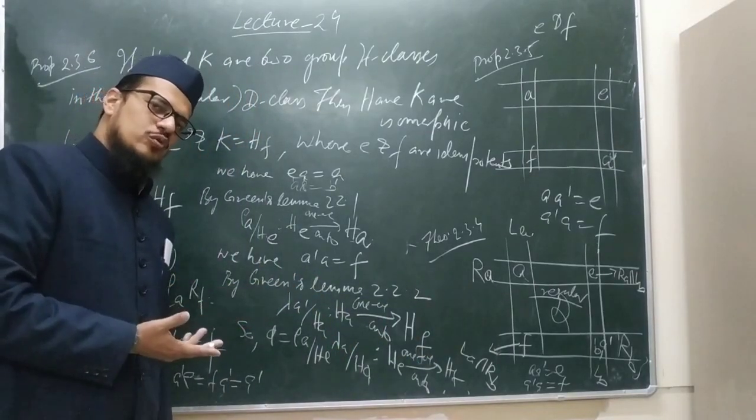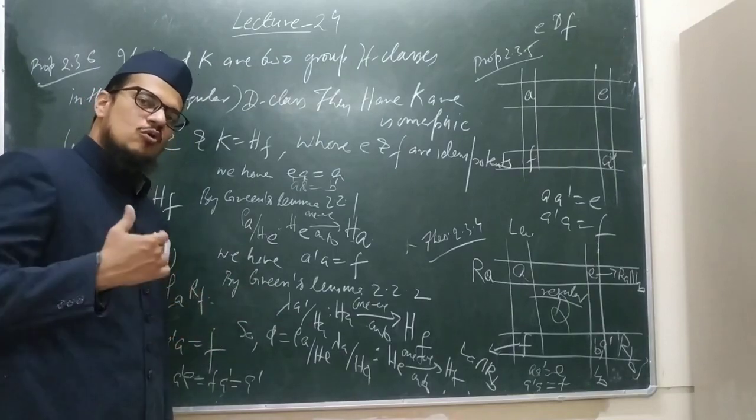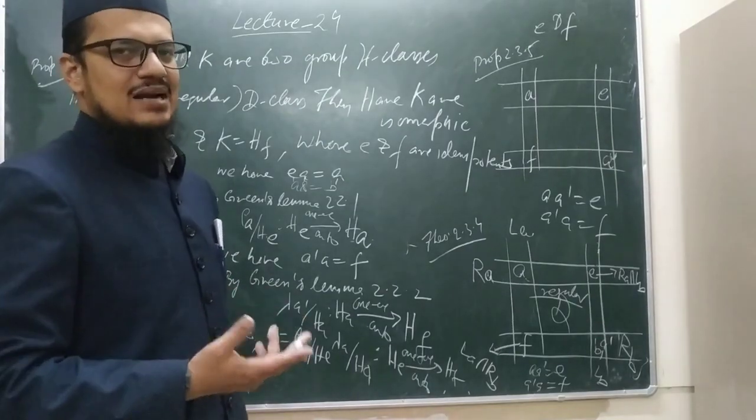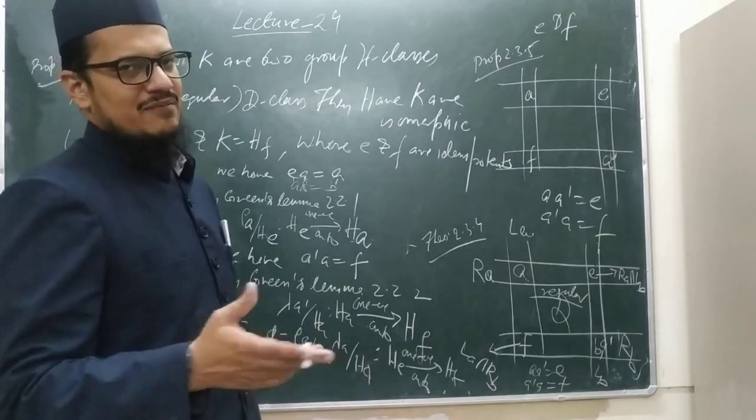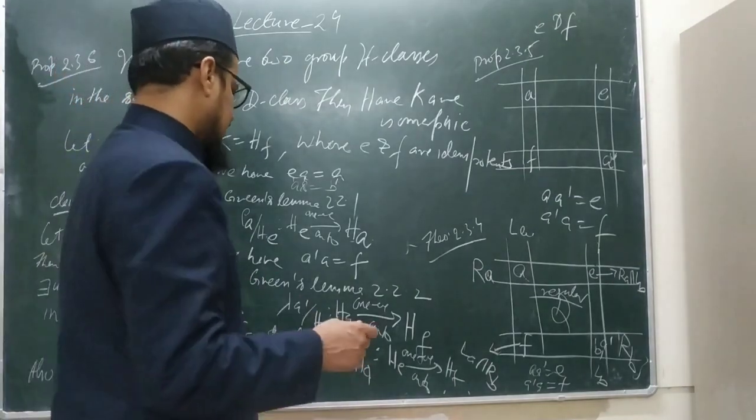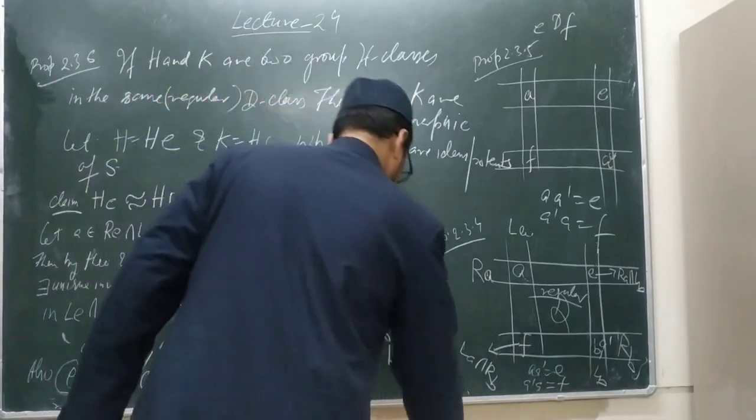Now what is there to show? We have to show that this phi is a homomorphism also. So first we define a map. That map should be well defined, and after defining the map we prove that it is a homomorphism. Now see how we prove it.